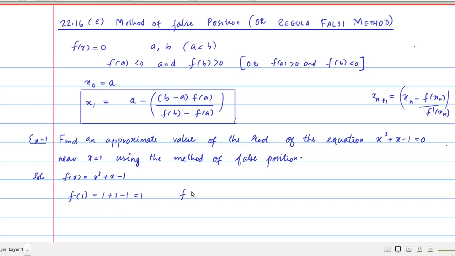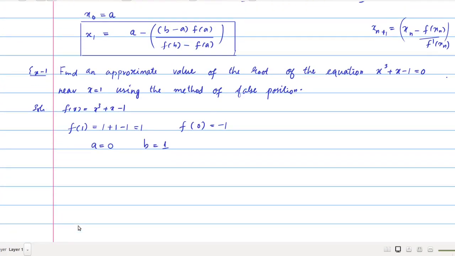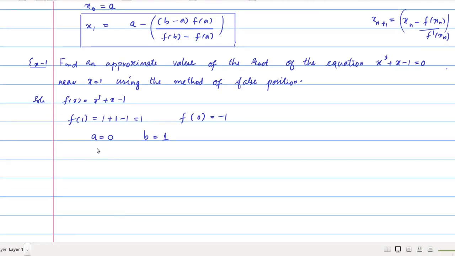First we evaluate f of 0. That is the easiest one. That will give minus 1. So from this you can set a equal to 0 and b equal to 1, because the root of this equation is in between 0 and 1. So the smallest one is a, that is 0, and b is 1.